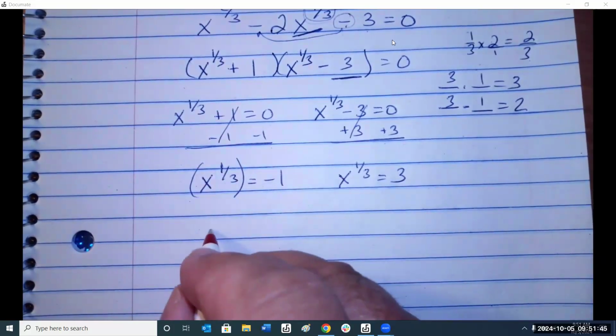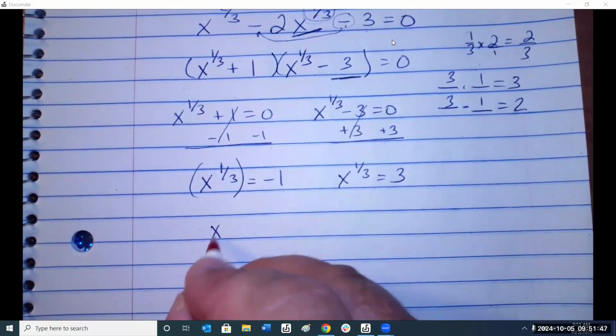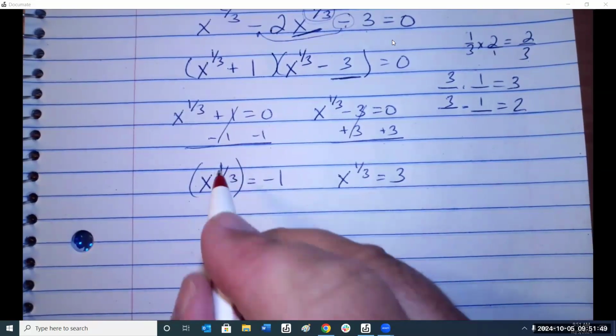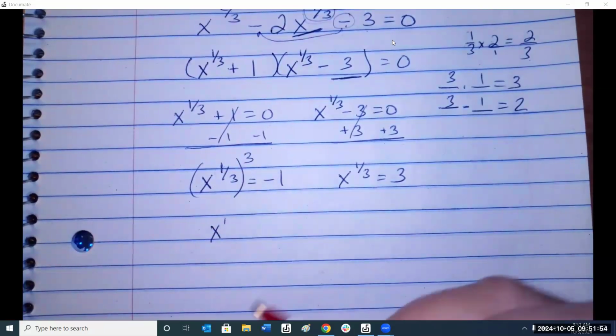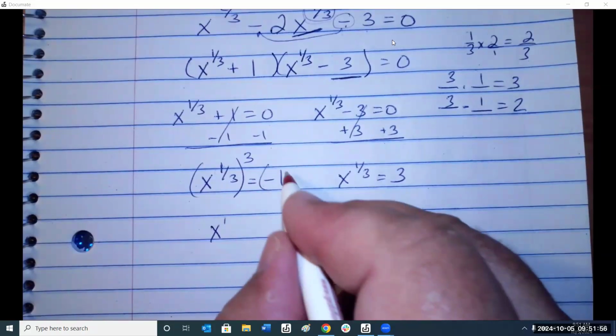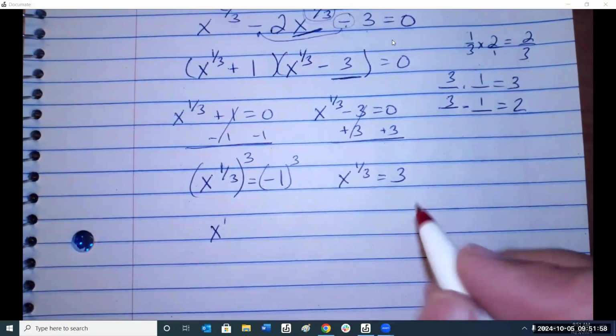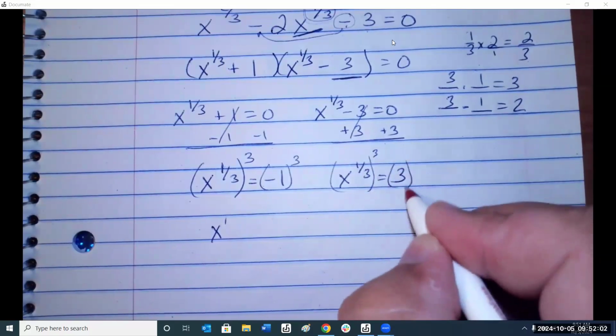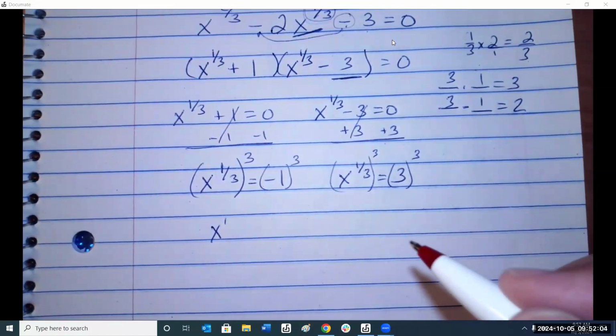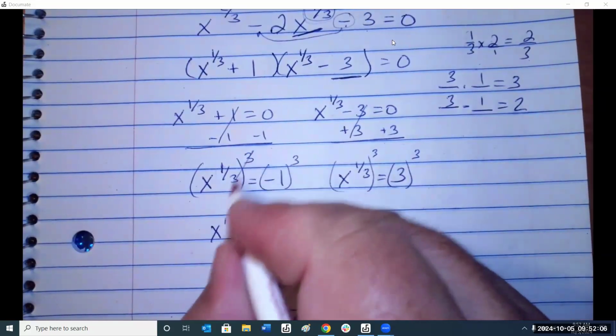So the question is, how do we get rid of the exponent of 1/3? We want the power to be 1. So what times 1/3 gives us 1? 3. So we raise both sides to the power 3. So the exponents cancel.